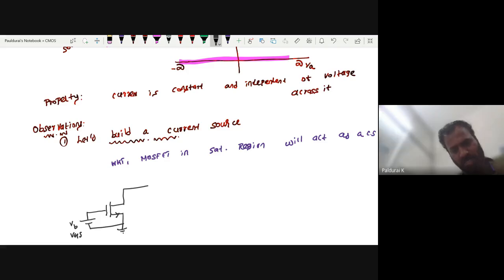And here you will get some current ID. Assume it is in saturation. What is the condition for saturation? This voltage is VDS.